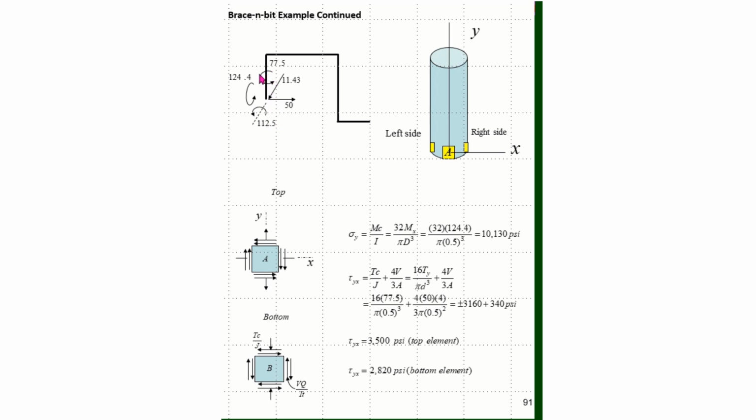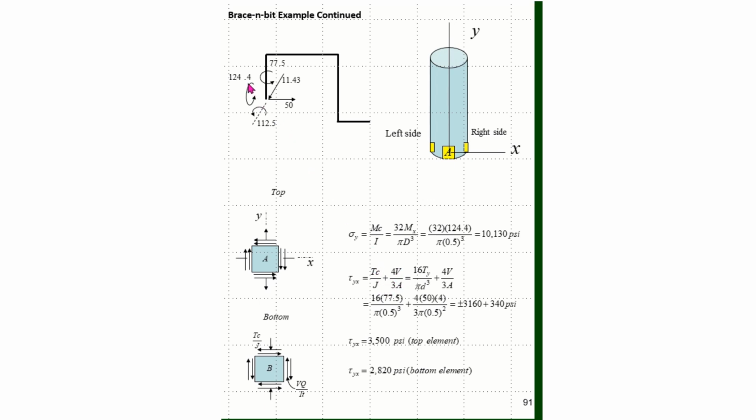I then look at the 77.5, and this 77.5 is coming around in this direction here, so it would be coming across element A in this direction, going from the left to the right. So coming down here, I have a TC over J, which is given here, where the T is the 77.5. And in this case, the TC over J and the VQ over IT add together.